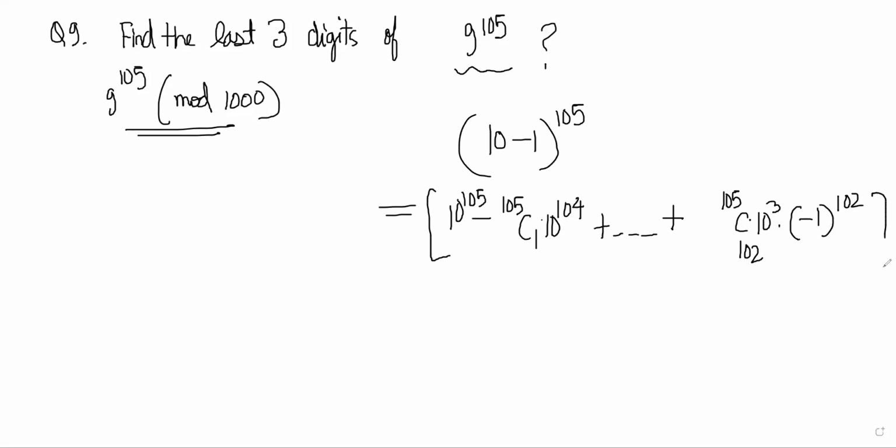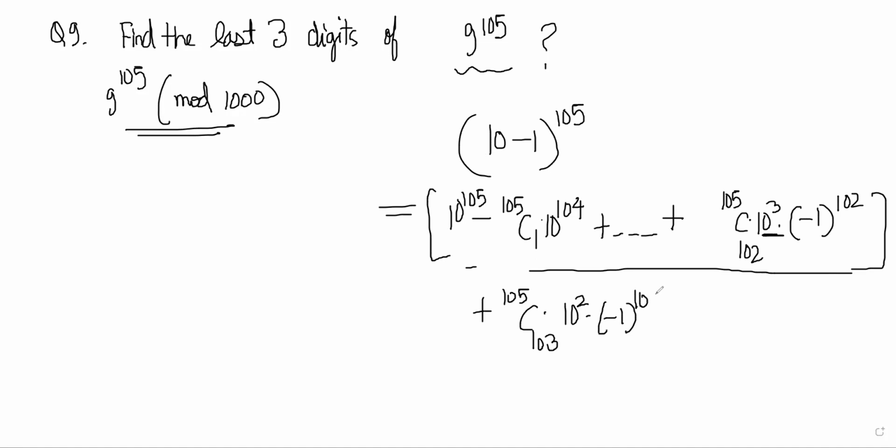Why have I isolated terms till 10 cube? Because we have to check division by 1000 here. So all of these terms are anyway divisible by 1000. And then there are some extra terms, plus 105c103 10 square times (minus 1) power 103, and finally 105c104 times 10 times (minus 1) power 104, and the last term will be minus 1.